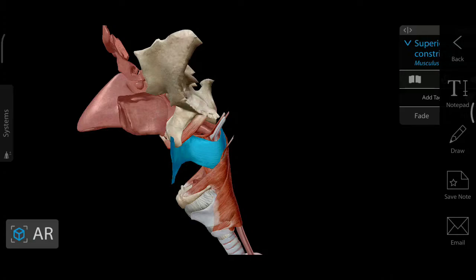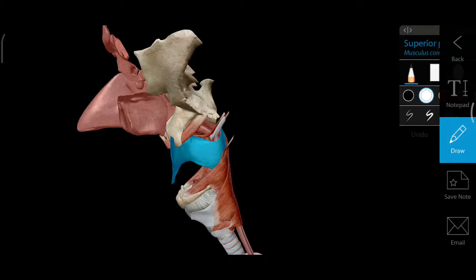Now we're going to see what are the structures passing between the muscles, between the skull and the superior constrictor. We have something called the sinus of Morgagni. The structures passing in the sinus of Morgagni are, the first one, the auditory tube.